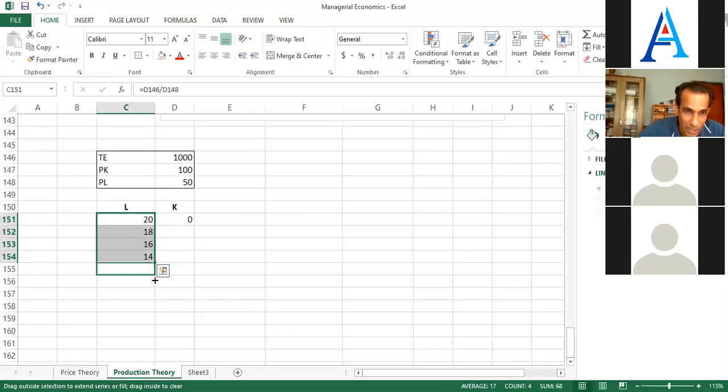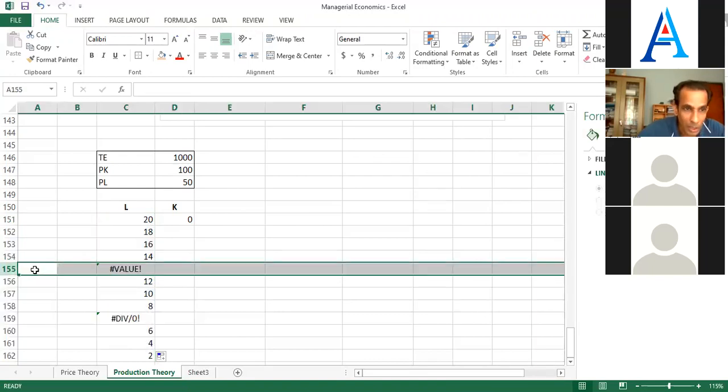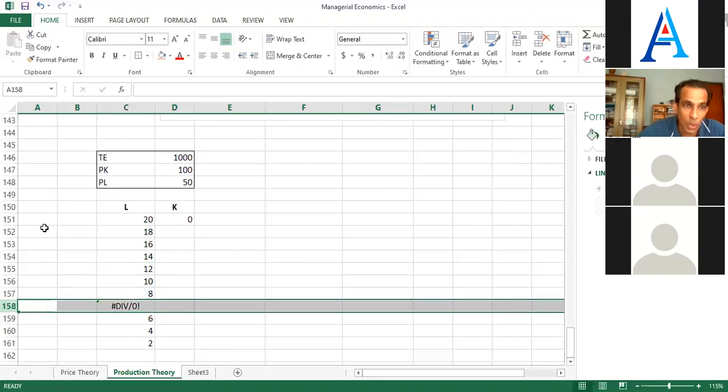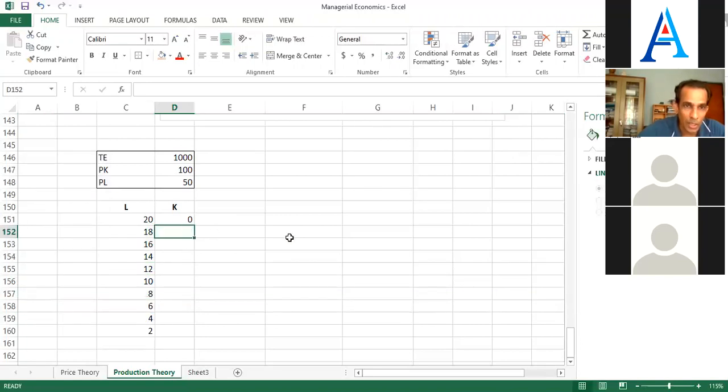When they decrease the use of labor, what will happen to the level of capital they can use? It will increase. So how many capital units can they use? One capital unit, because 18 units of labor means 900, which means they can use 1 unit of capital. So here 2 units of capital, 3 units of capital.